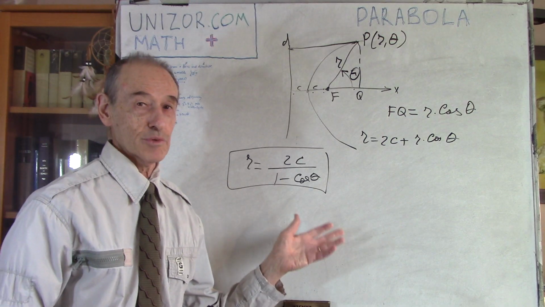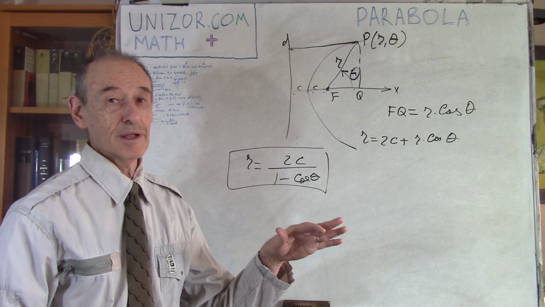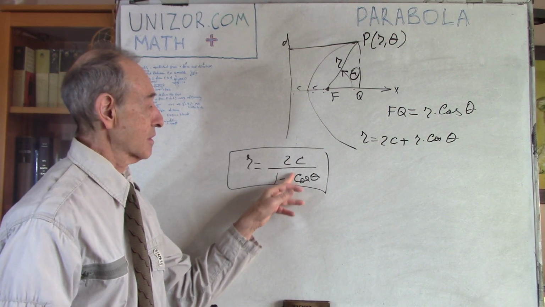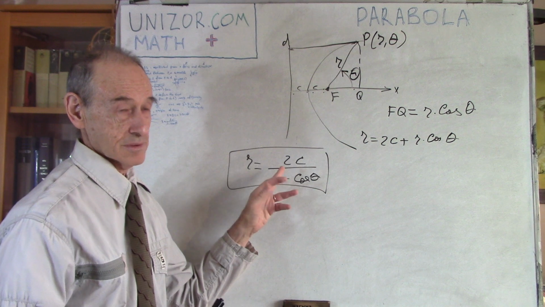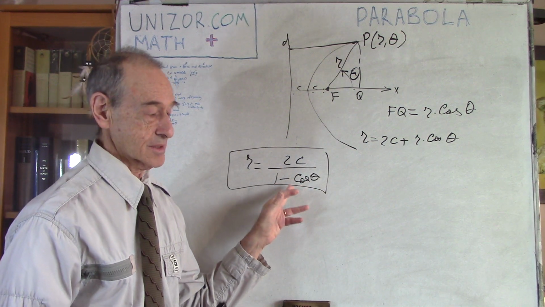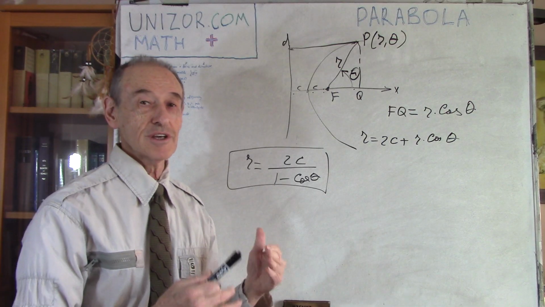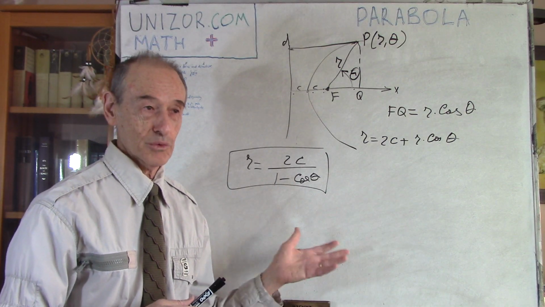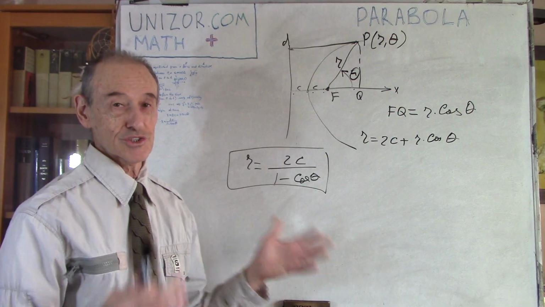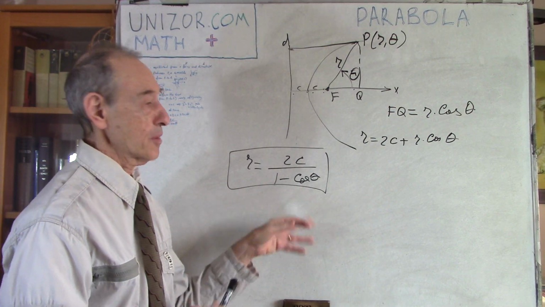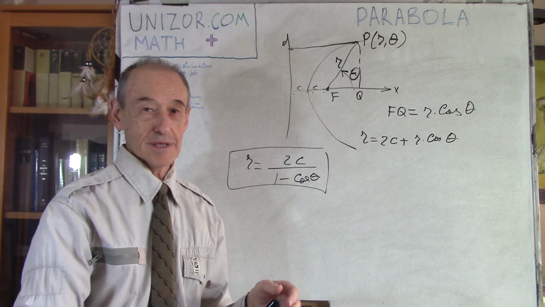Eccentricity for the ellipse was less than 1, for the hyperbola greater than 1, and for the parabola, as you see, this coefficient at cosine, which used to be eccentricity, is equal to 1. So the eccentricity of this curve of the second order defines the shape. If it's less than 1, it's an ellipse. If it's equal to 1, it's a parabola, and if it's greater than 1, it's a hyperbola.